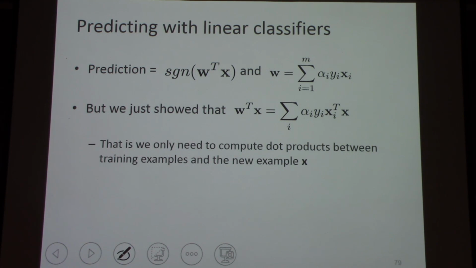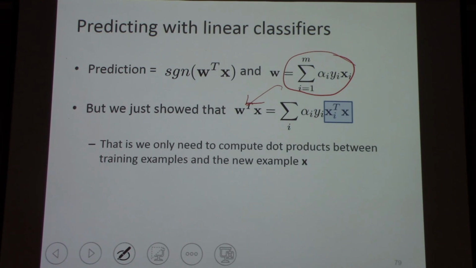So computing w transpose x is equivalent to remembering all these alphas and the entire training set, computing the dot product between every training example and x, and taking the weighted combination using the alphas and y's. I've done nothing here. I've just plugged this summation into this w.